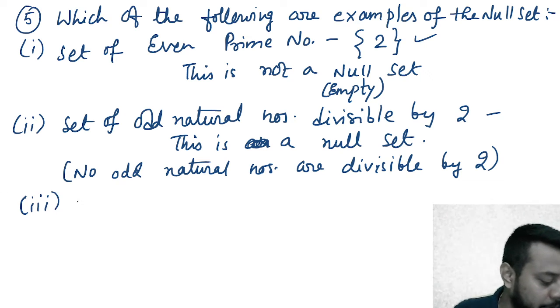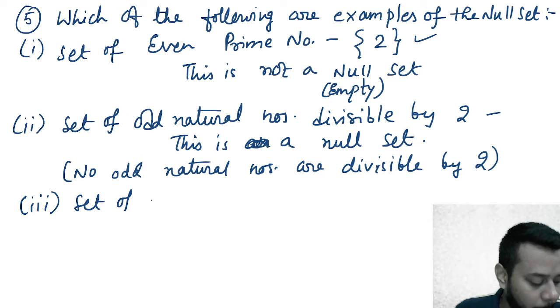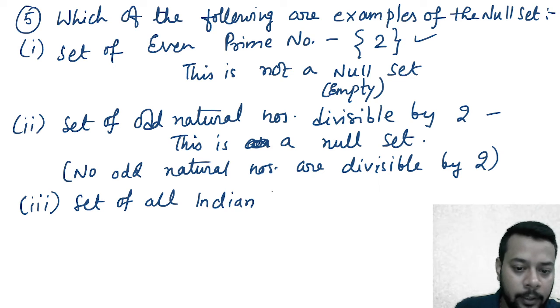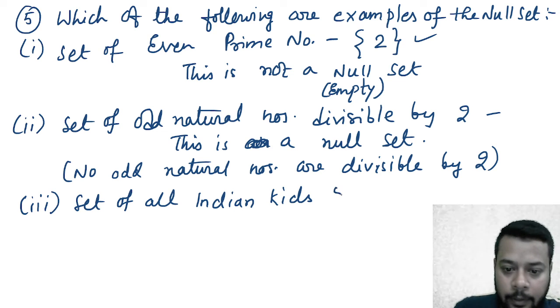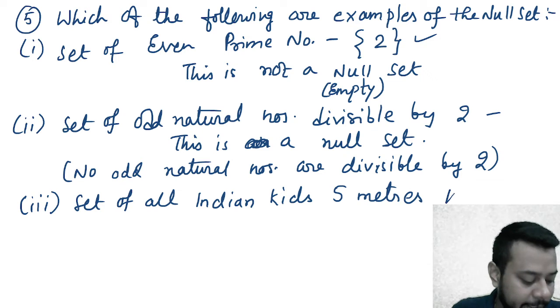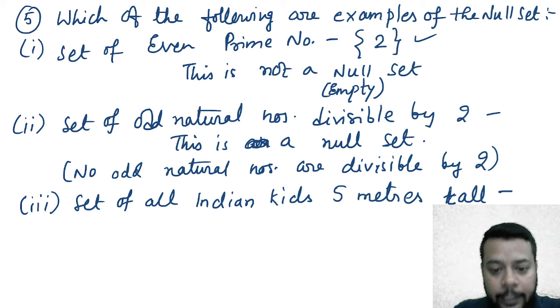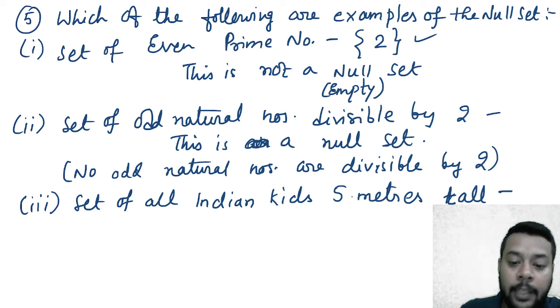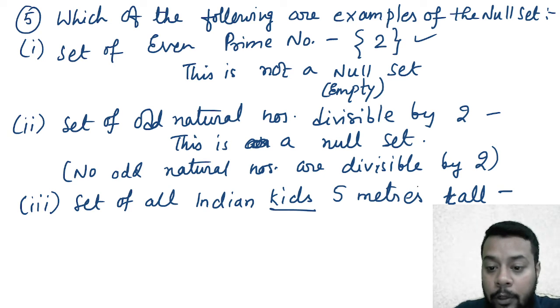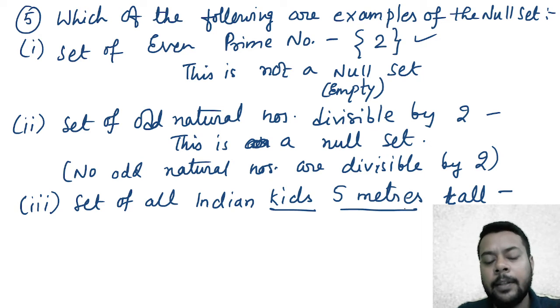Moving to sum number 3: set of all Indian kids 5 meters tall. So try to understand the wording of this sentence. They have told it should be a kid, and they have also told that it should be 5 meters.